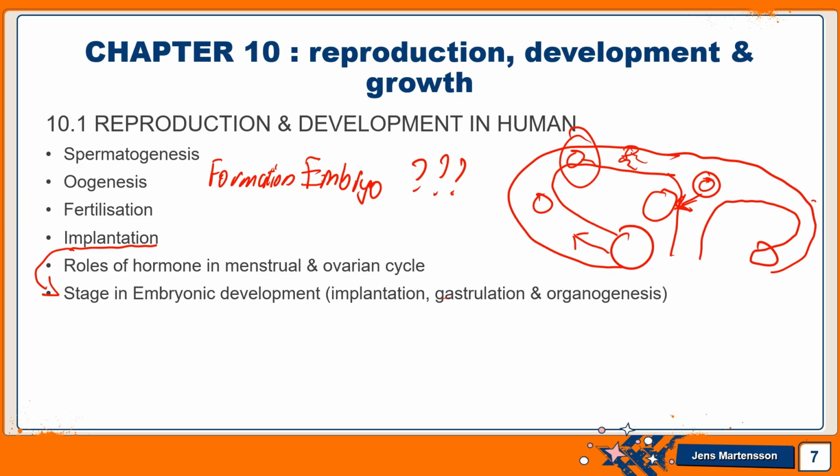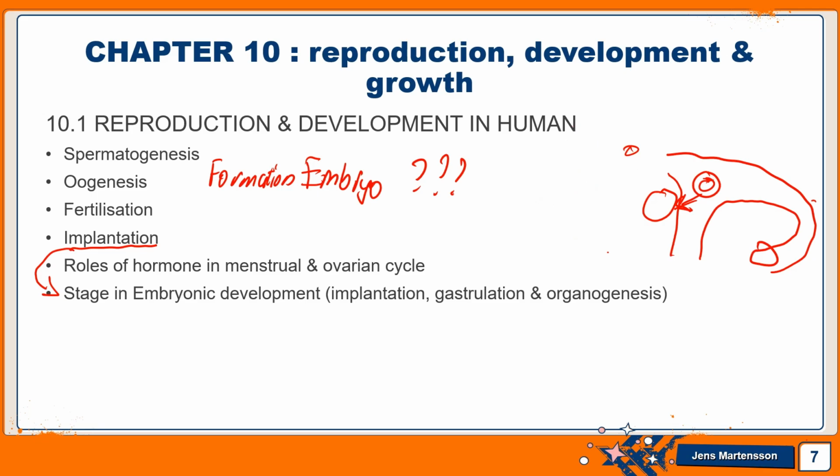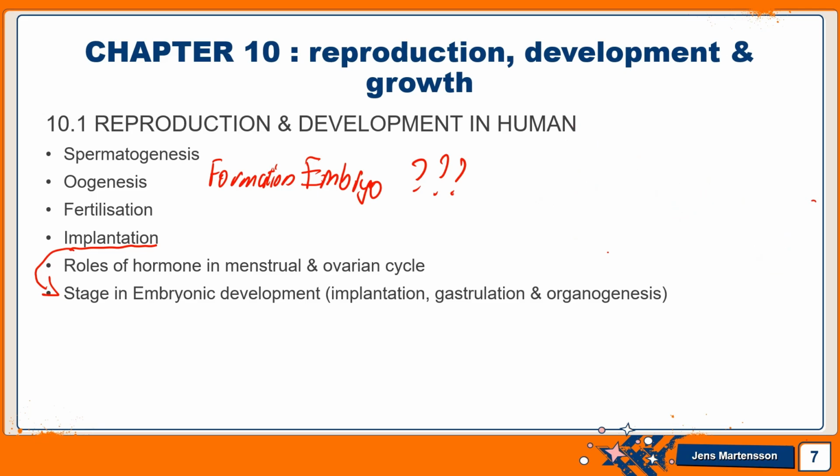If you really don't understand what Campbell and the other reference books write, it is better to watch YouTube. Type gastrulation and it will give a 3D diagram, a 3D video of how it happens. This is about the stages in embryonic development.